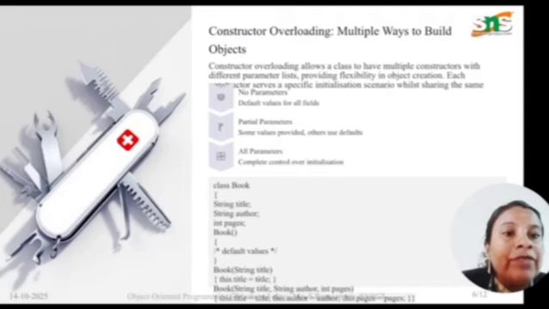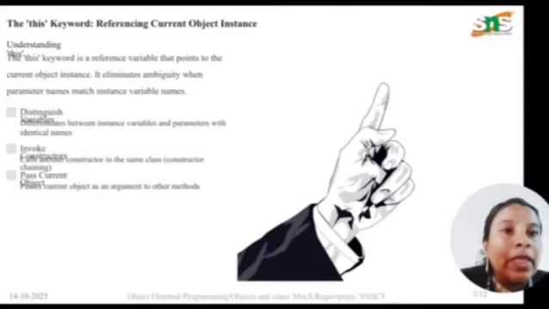Again we are calling a parameterized constructor using another data type. this.title equals title. This refers to the current object. Another time we are calling the same constructor name with multiple parameters. This is known as constructor overloading.